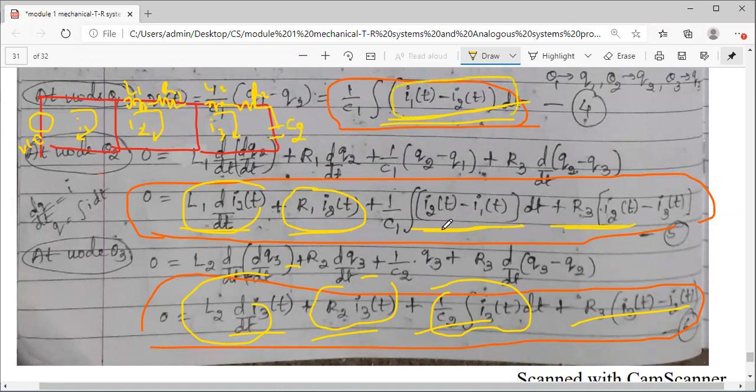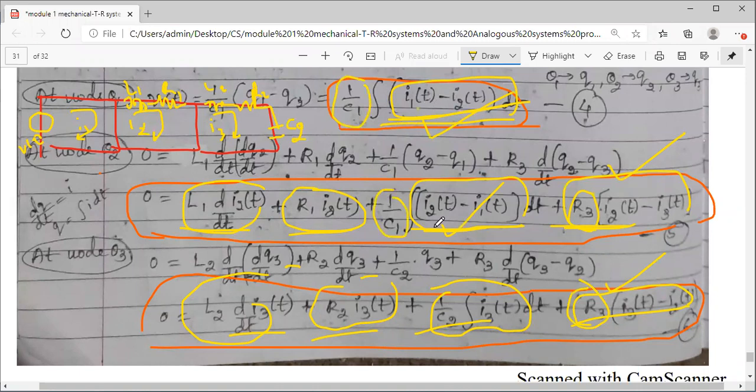Check जहाँ पर difference equation है. Okay, equation में ऐसे difference लिखा है. Check करो. 1, 2, 3, 4. So if you see, R3 is one term which is a shared element, and 1 by C1 is one more term which is a shared element.